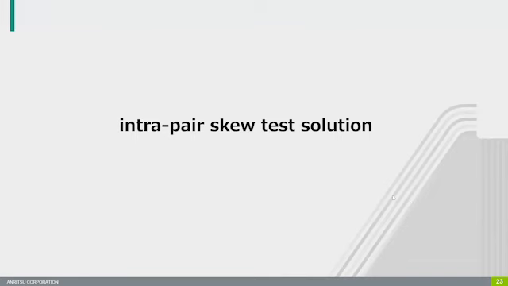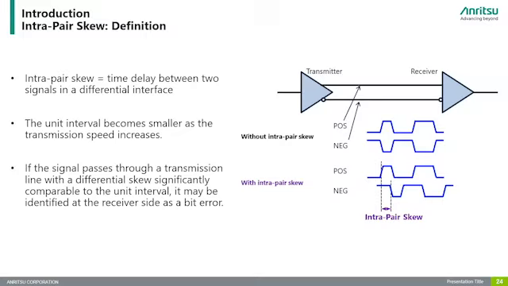So now the next topic is the intra-pair skew test solution. PCI Gen 6 has only a 32 picosecond unit interval. But firstly, let me explain what the intra-pair skew is. The intra-pair skew is the time difference between positive and negative differential transmissions.